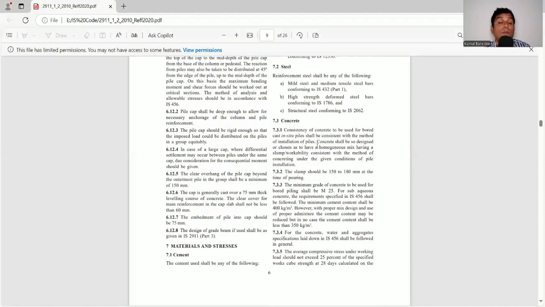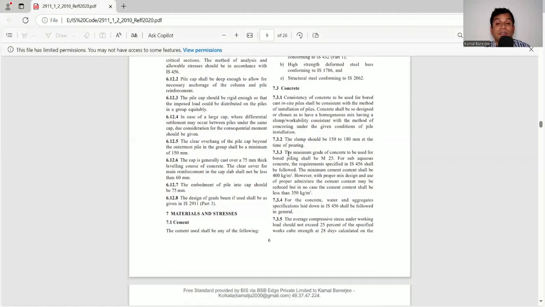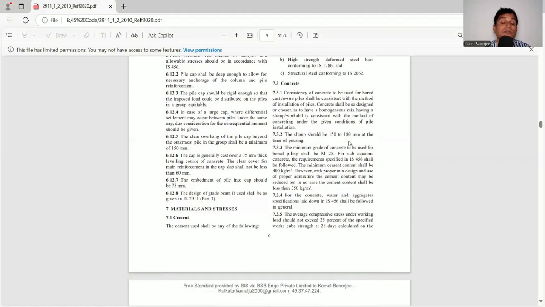Concrete shall be designed to have a homogeneous mix having a slump or workability consistent with the method of concreting under the given conditions of pile installation. This slump should be 150 to 180 mm. So the code gives the specification that you need to keep the slump between 150 and 180.